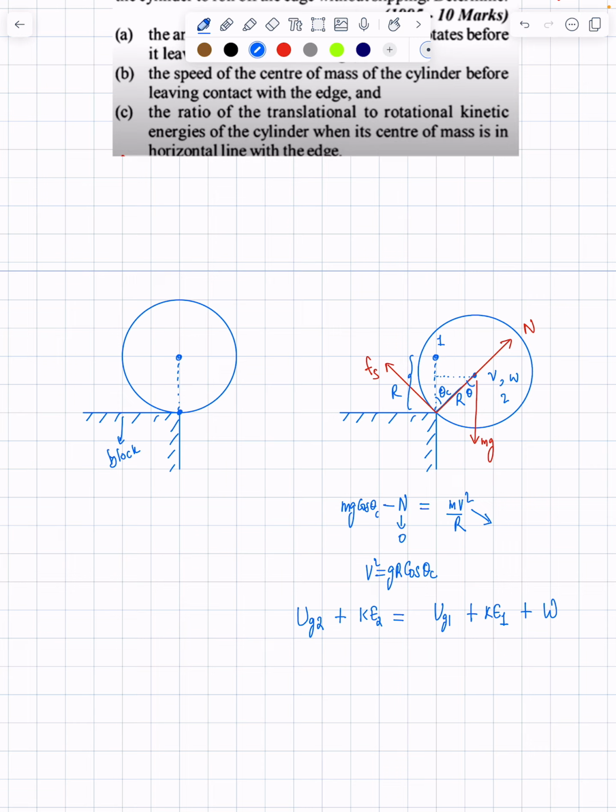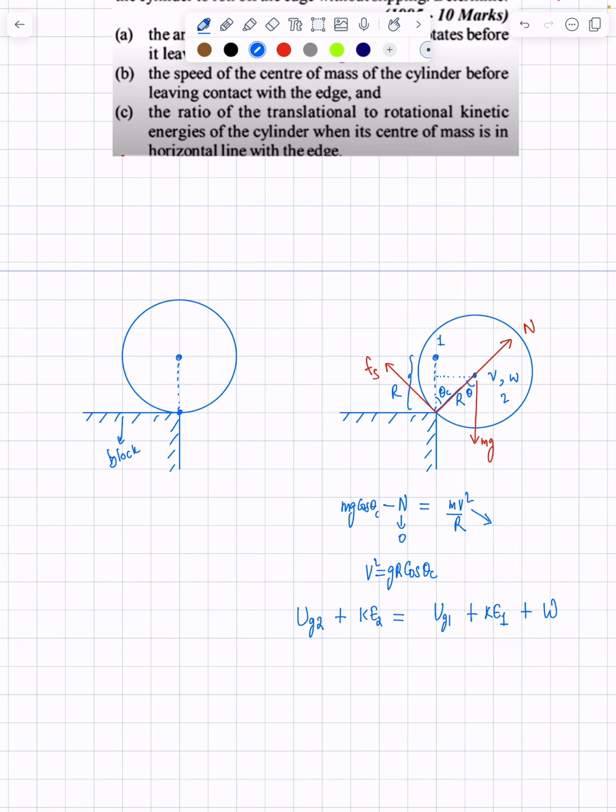So the conservative force is gravitational force of gravity, so we won't include that, but then we have to find out the work done by all other forces. So you can see that the other two forces are contact force.